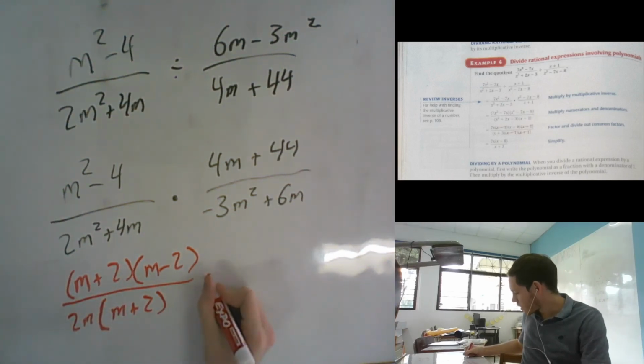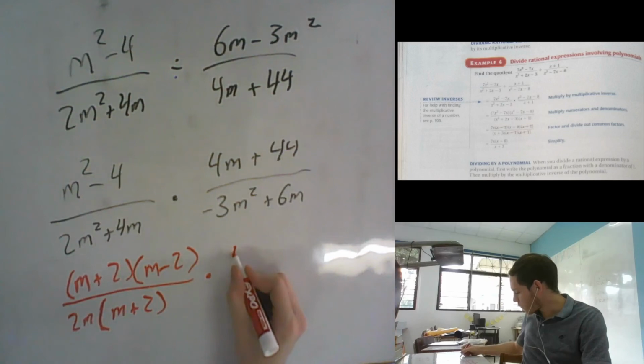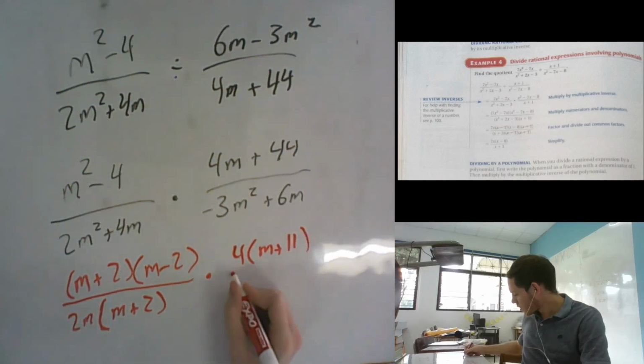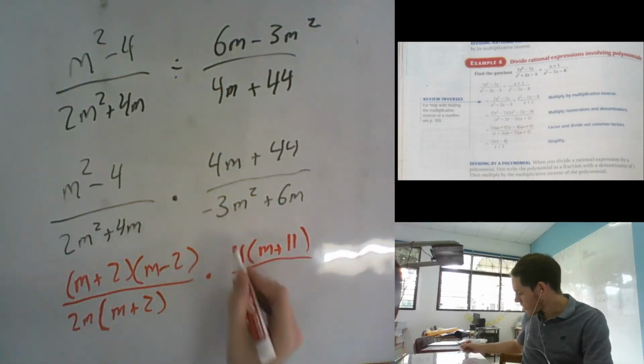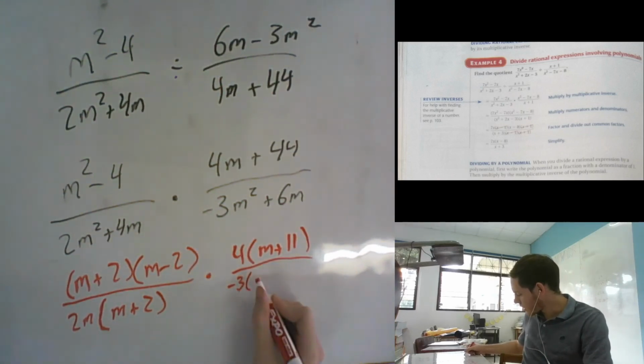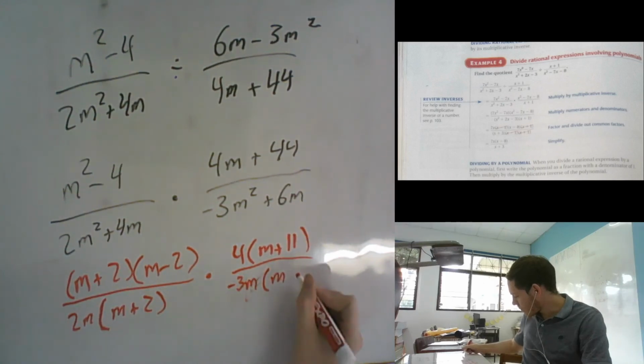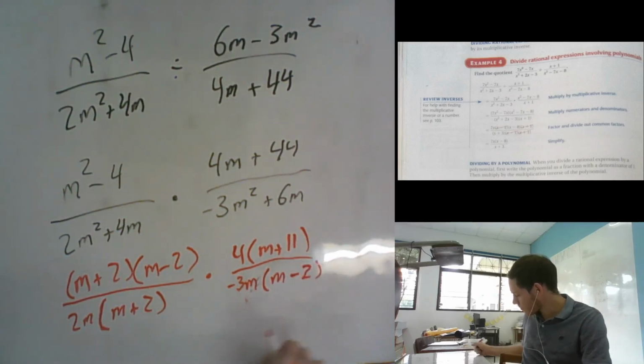Then we multiply by, we can factor off 4. So we get m plus 11 over, we can factor off negative 3, and we get m minus, we can factor off an m, negative 3m. So we get negative 3m, m minus 2.